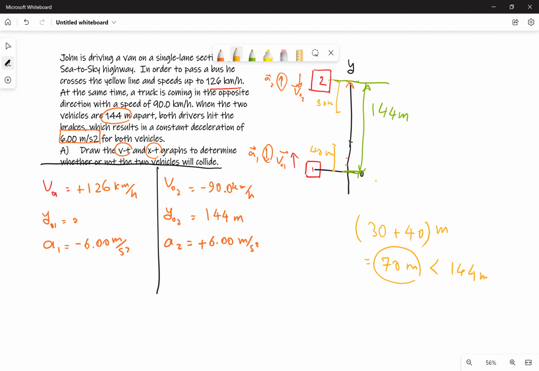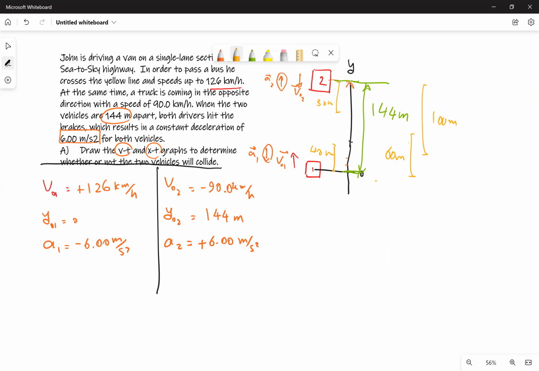But if the stopping distance for vehicle 2 is, let's say, 100 meters, and the stopping distance for vehicle 1 is, let's say, 60 meters, would they collide? Yes, they would collide.